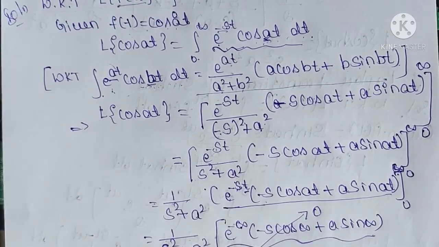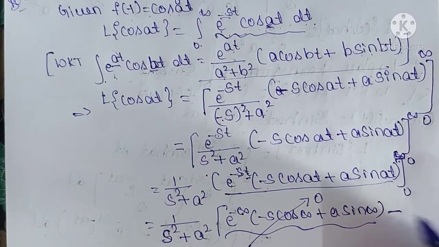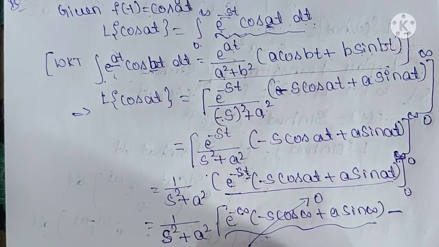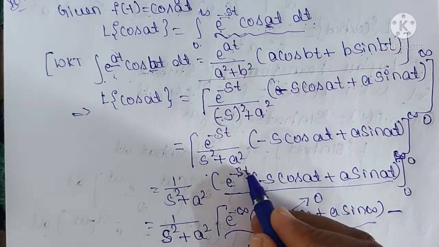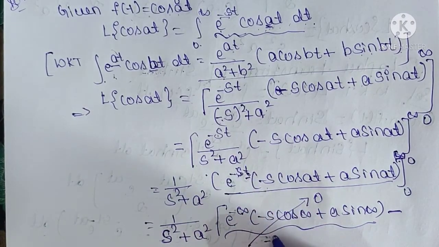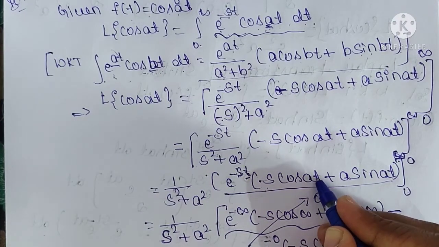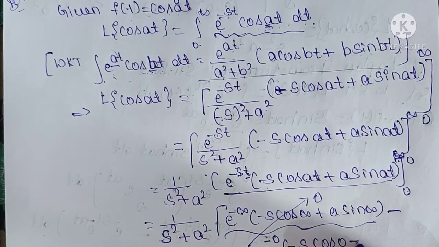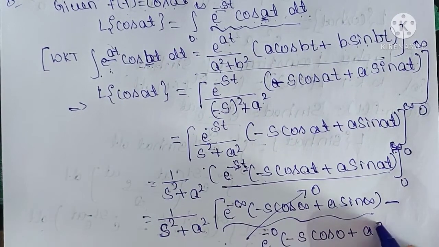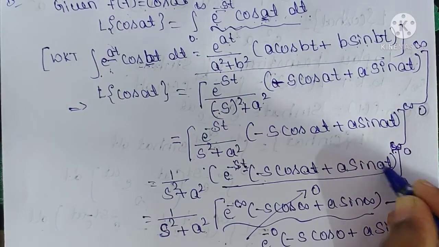This term becomes 0 minus the lower limit value. E to the power of minus s into 0 is 1, 1 into minus s cos of 0, which is 1, means minus s, plus a into sin of 0, which is 0, and 0 into a is 0.